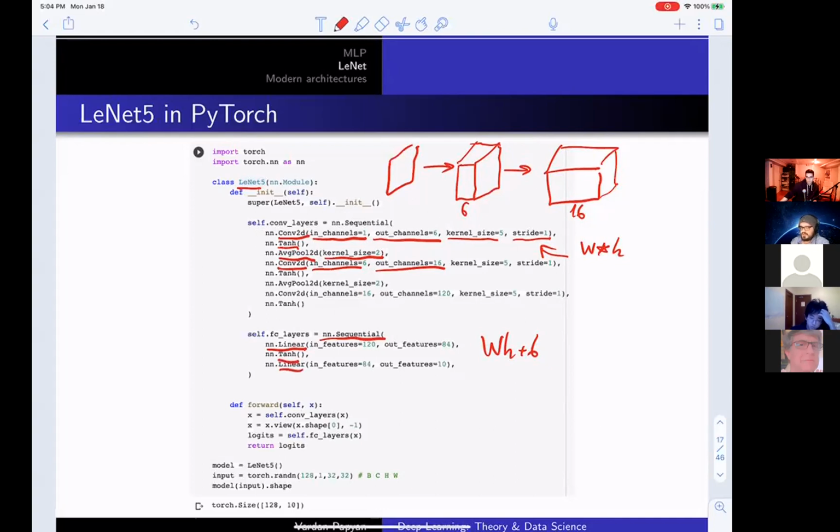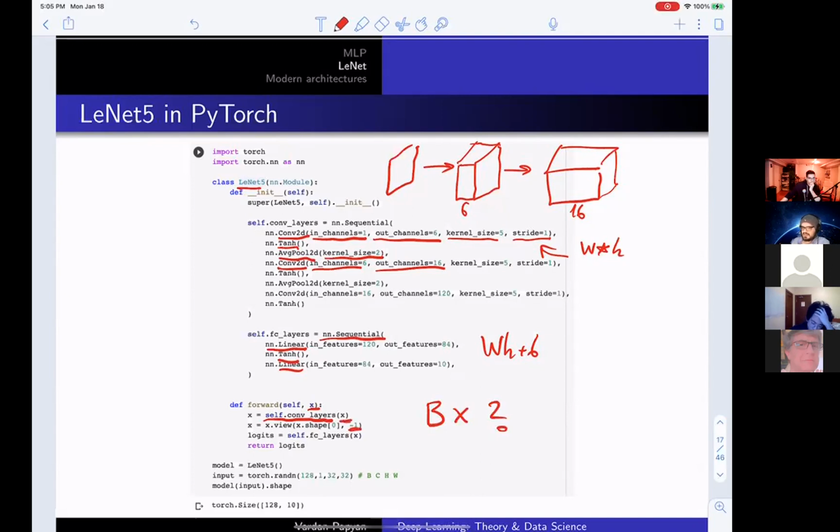And the forward pass here is basically you take X and you apply all of the convolutional layers. After you apply all the convolutional layers, you reshape it so that you have something that is of size batch multiplied by something. When you write -1, it means whatever it is.